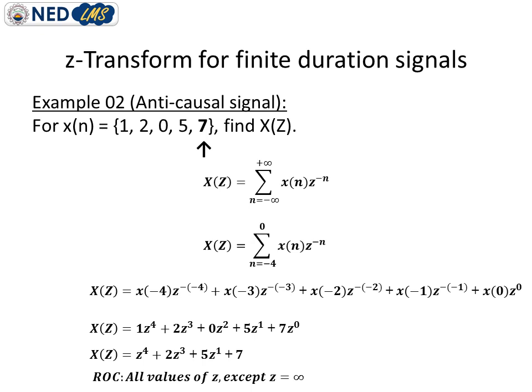So in this way, we determine the region of convergence, which is found to be all values of z except z equal to infinity. I hope that from these two examples of causal and anti-causal signals, your concepts are now much clearer related to the Z transform.